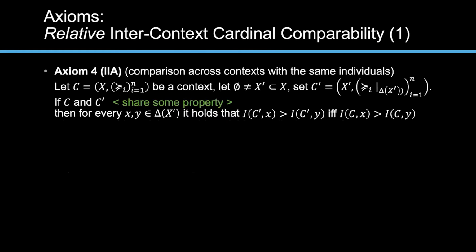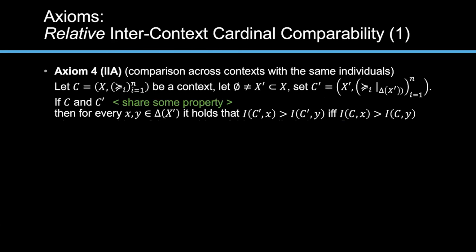Fourth axiom: you cannot not have an IIA axiom whenever you axiomatize something. So this is independence of irrelevant alternatives. Usually IIA looks like this. You have a context, you take a look at the context C prime over a subset of the alternatives.